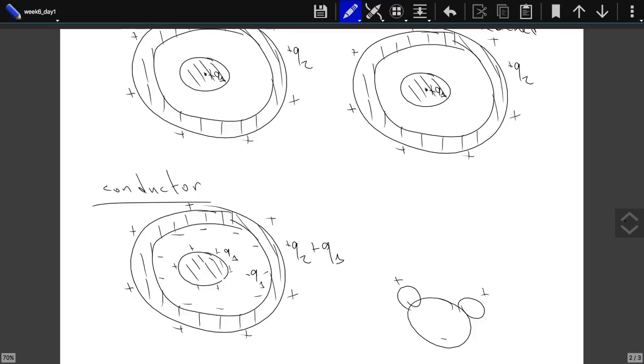Now, the total charge of this conductor, when we reach statics, is the charge of the inner surface plus the charge of the outer surface. The sum has to be Q2. We already know that since I have a charge plus Q1 inside this cavity, the inner surface should have a charge minus Q1. But the sum should be Q2, so the outer surface should have Q2 plus Q1. If we add this one, I get Q2.